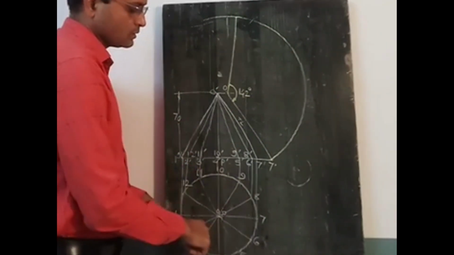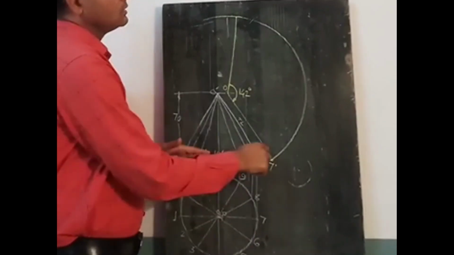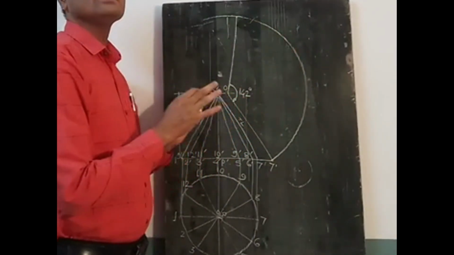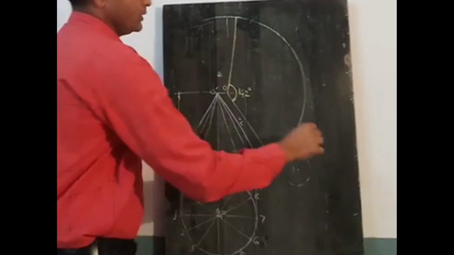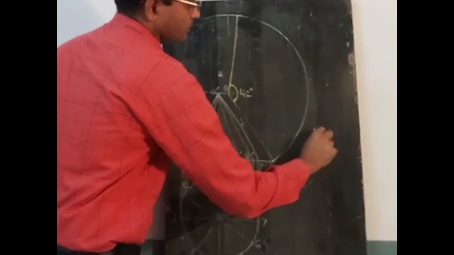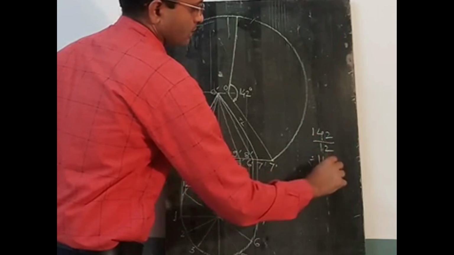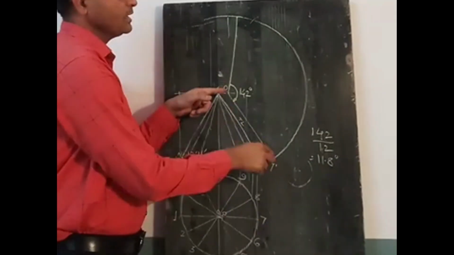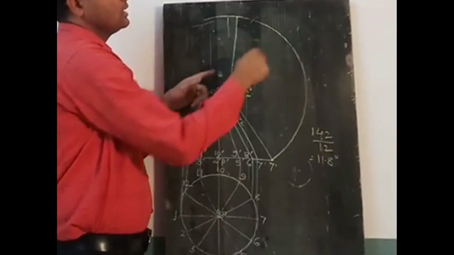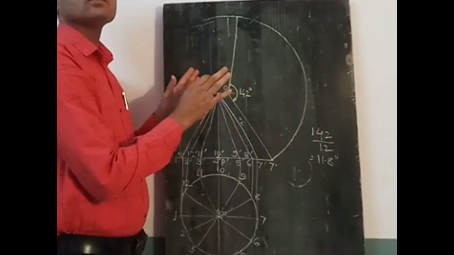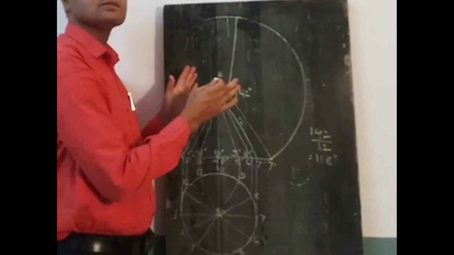As we have taken 12 generators in the top view, this sector is also to be divided into 12 equal parts. 142 divided by 12 is 11.8 degrees, so approximately we can take 12 degrees each and divide the whole sector into 12 equal parts.